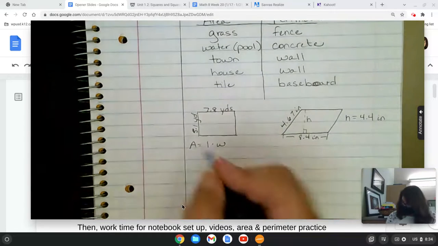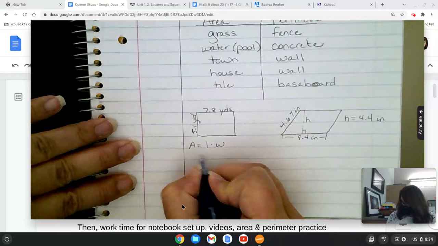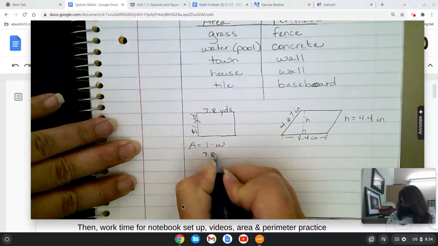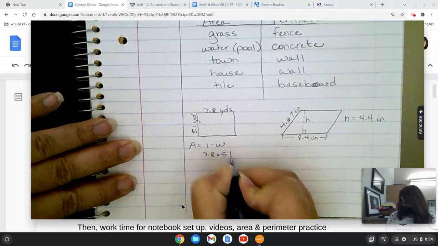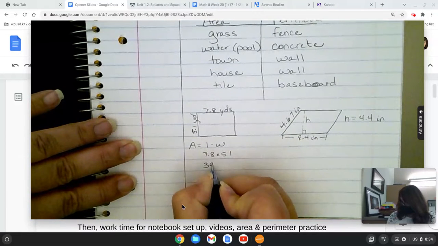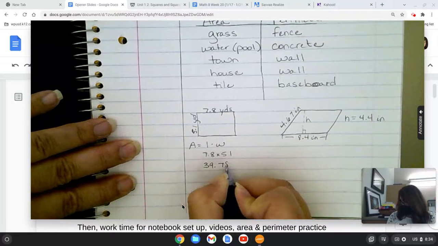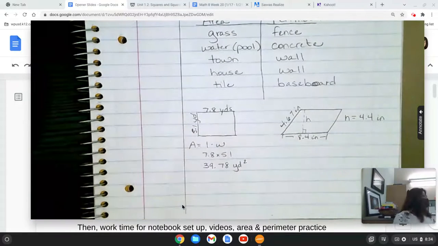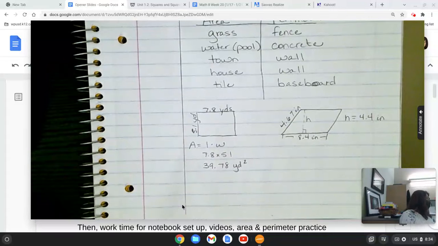Okay. So there's the formula. You guys did 7.8 times 5.1, and you got 39.78 yards squared for the area. Right? Make sure you label that.